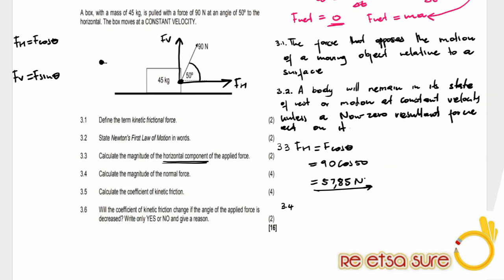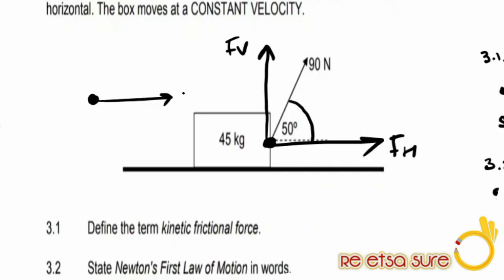Let me have this one, which is our FH. Let me have this one, which is our FV. Let me have this one, which is our FG.